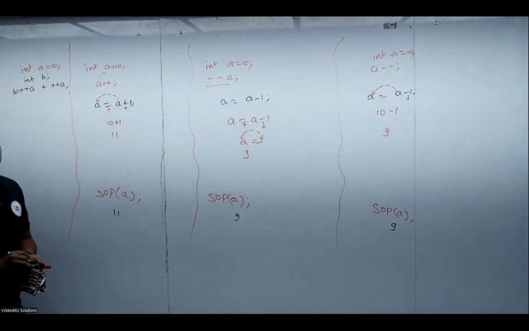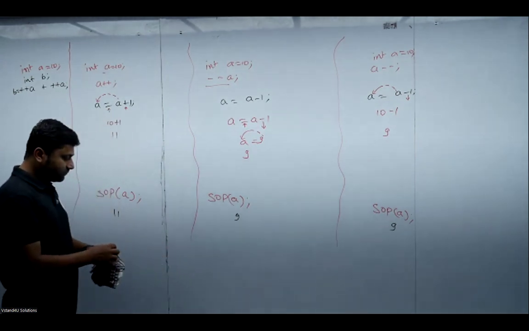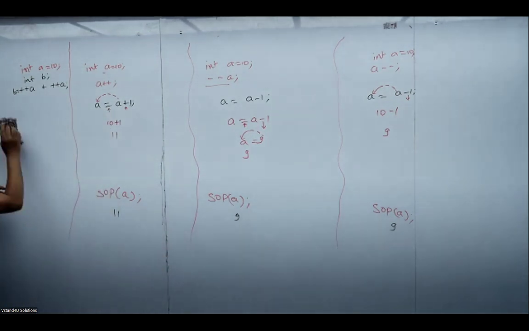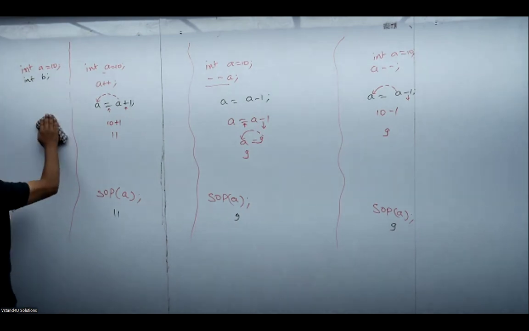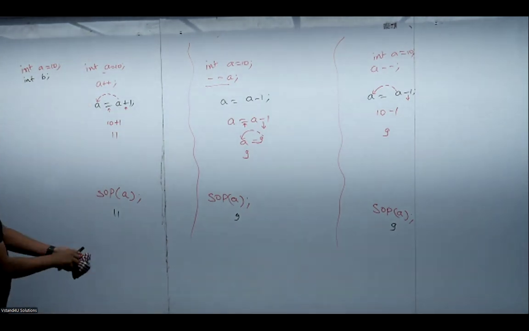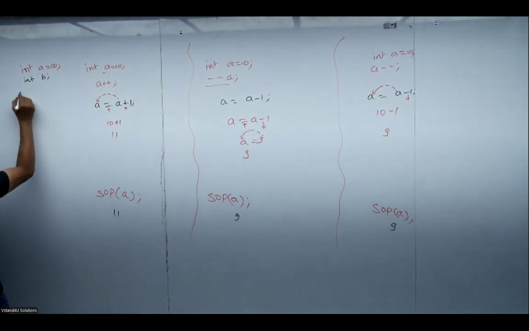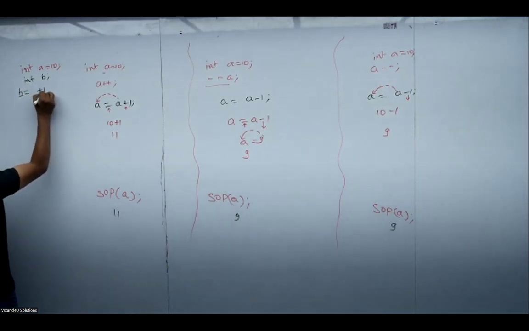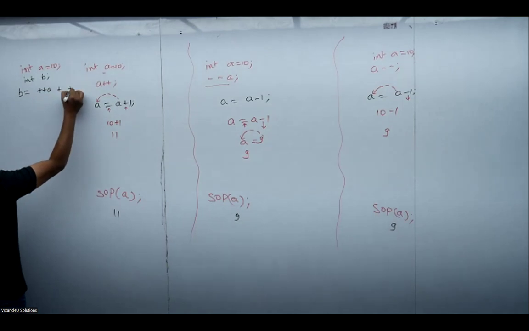Now clearly visible, right? Operations, if you observe, this operation is written like this: B is equal to ++A + ++A.